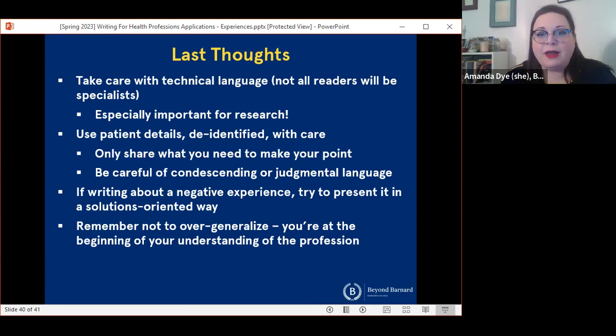If you're writing about a negative experience, maybe an experience that you had that was a tough thing for some reason, but was also something important for you, focus on what was important. Focus on the reasons why you're sharing this experience rather than a critique of the system or something like that. And of course, remember not to overgeneralize, right?